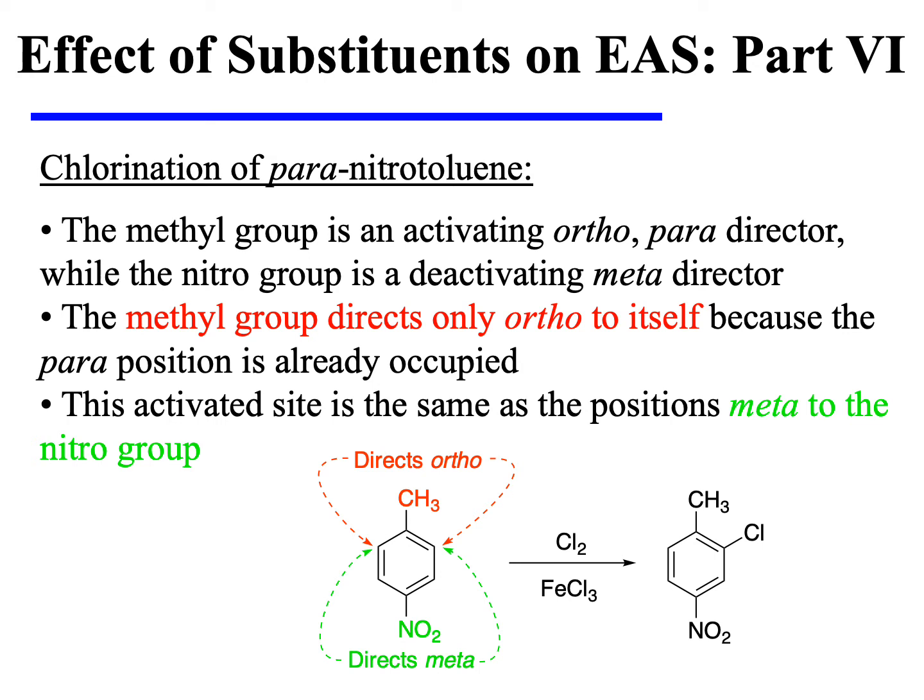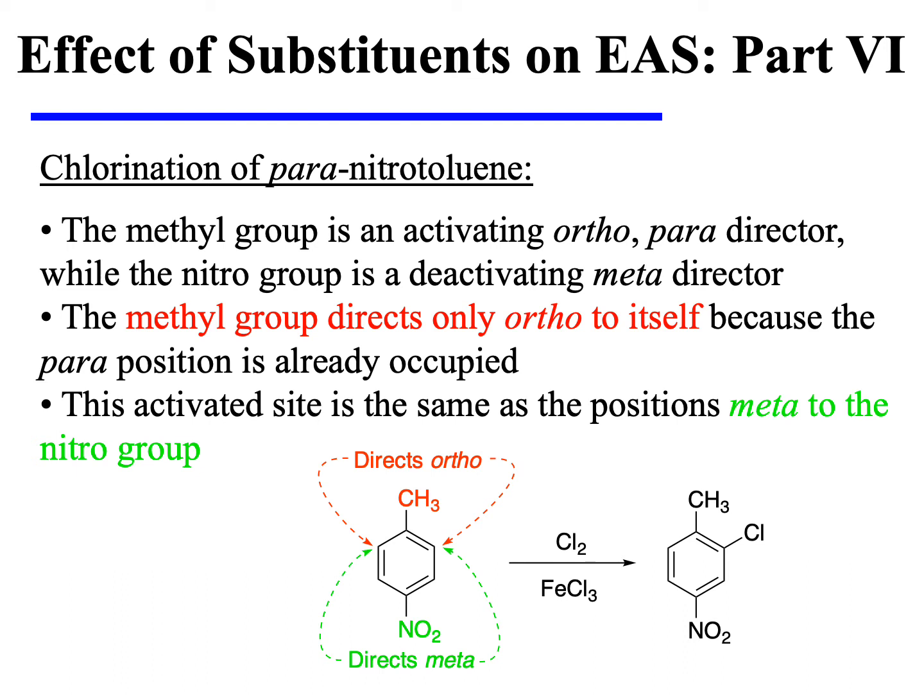The chlorination of para-nitrotoluene provides a convenient example. The methyl group is an activating ortho-para director, while the nitro group is a deactivating meta-director.